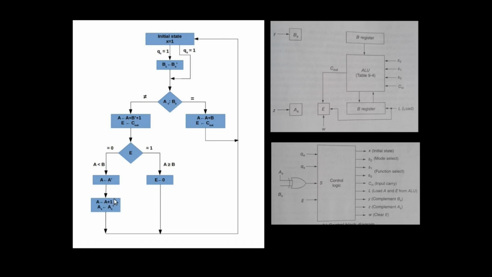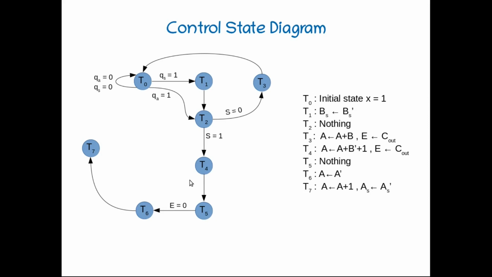A is equal to A plus 1 and AS is equal to AS complement. So from T6, during the next clock pulse, it will go into T7. There is no condition, just on the next clock pulse it will go into the T7 state.